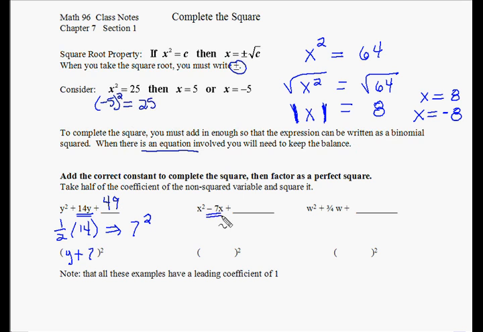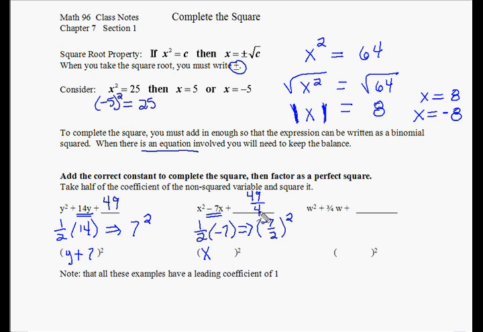Trying that again, when things get a little bit more complicated because they're not an even number, half of negative 7 would give you a result of negative 7 halves. And then you're going to want to square that. Squaring a negative gives you a positive, 49, and squaring the 2 gives you a 4. Now here, if I break down the x squared, so I can factor this, I have an x in the front.